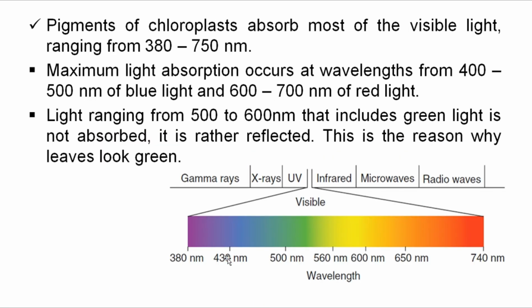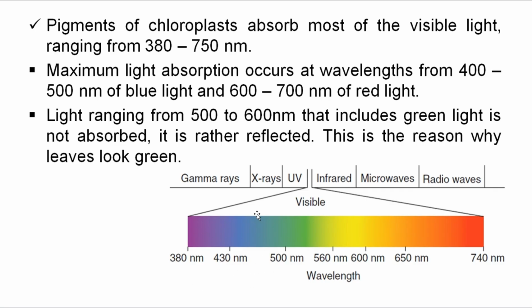Pigments of chloroplasts absorb most of the visible light. Most of the visible light, ranging from 380 up to 750, is absorbed. Yes, from 380 to 750 or 740 nanometers is absorbed by the green pigments found within the chloroplast. Maximum light absorption occurs at wavelengths from 400 up to 500 nanometers.